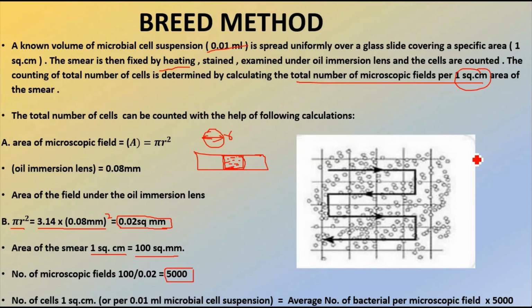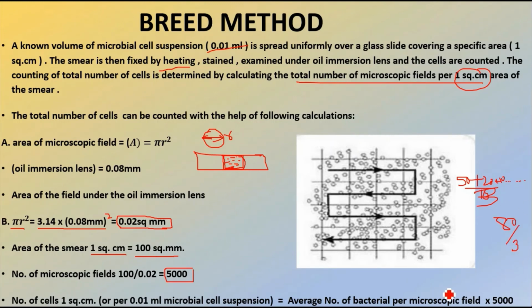That means if you move the slide 10 times and count the cells, for example here I have taken 3, so 50 plus 20 is 70, 70 plus 10 is 80. So 80 by 3 is the average.